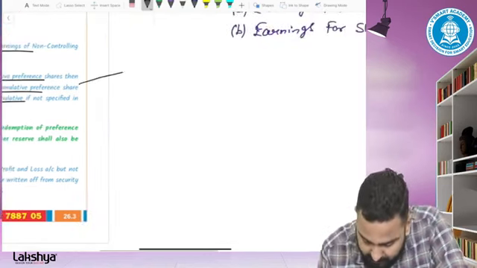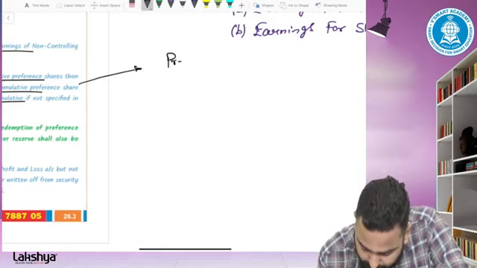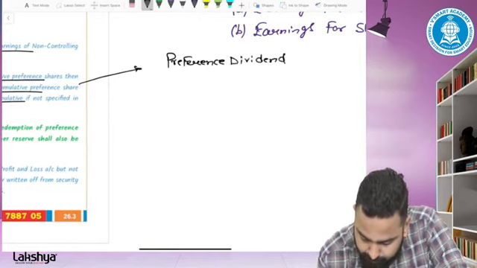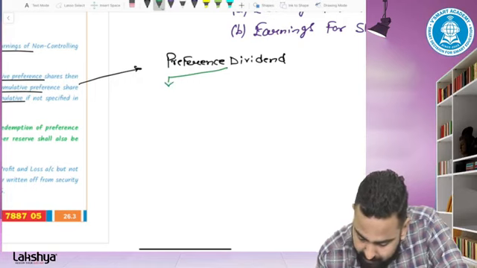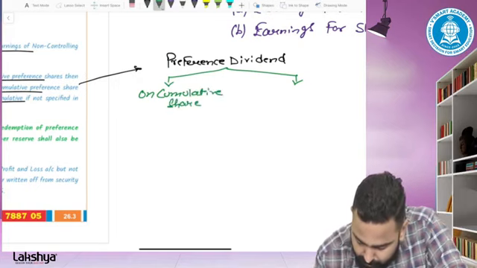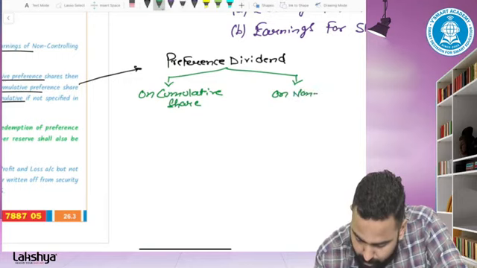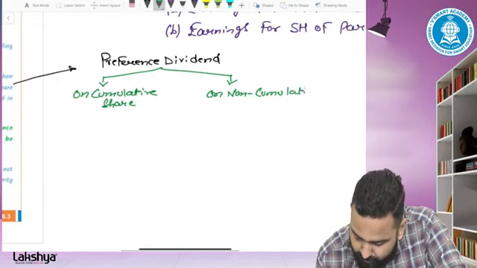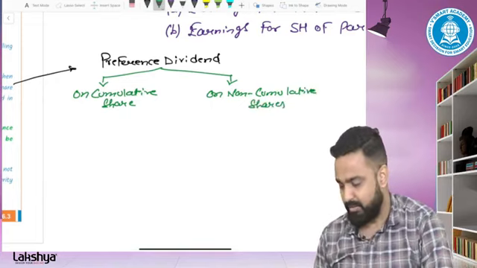Now please see this. We are talking about preference dividend on cumulative shares and on non-cumulative shares.